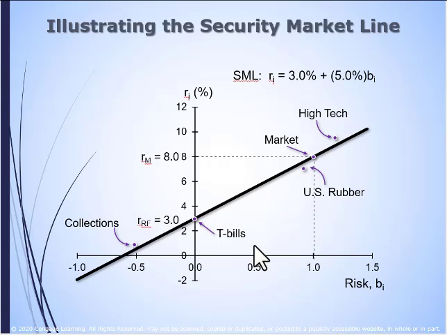So the security market line tells us that the things above this line, high tech and collectibles, are good investments. They are what we would say are assets that are undervalued. Their price is lower than what you would expect it to be. Things below the line imply things that have high prices.